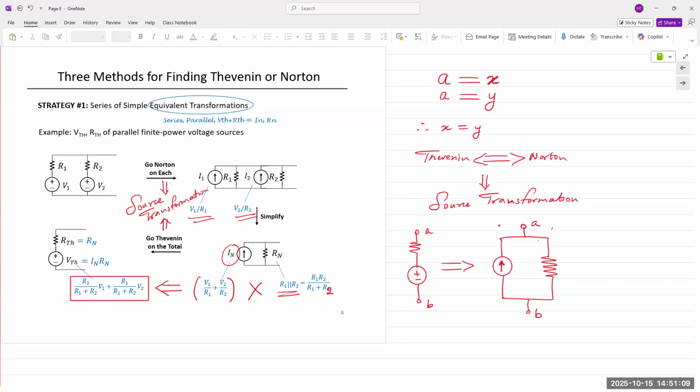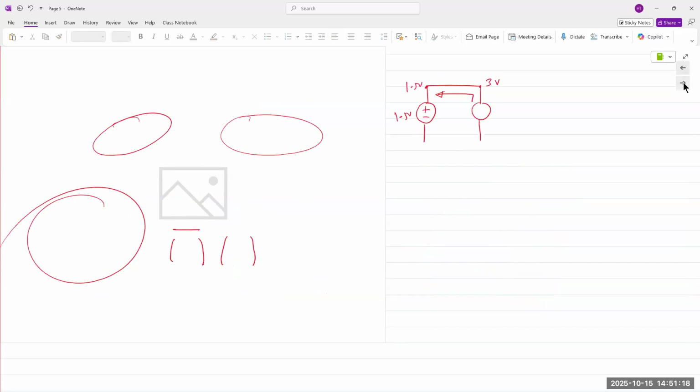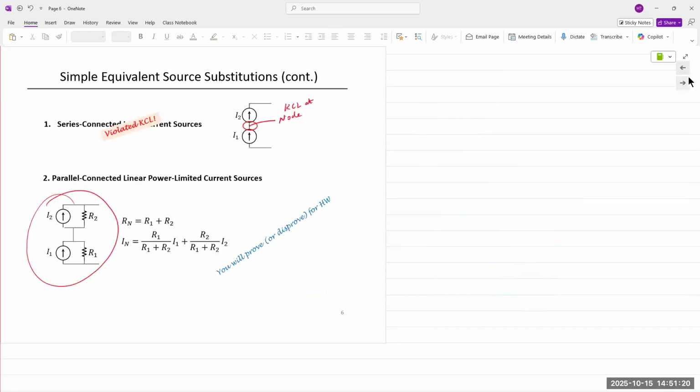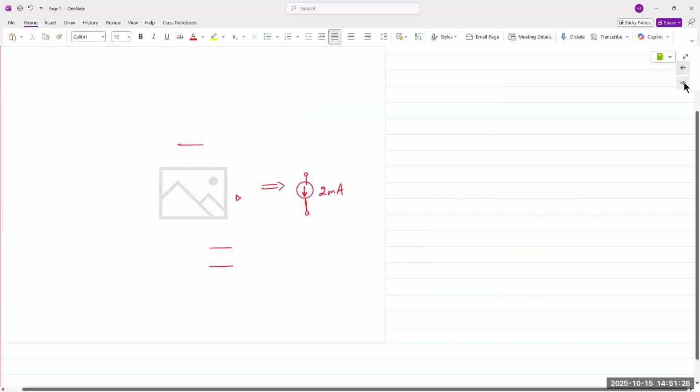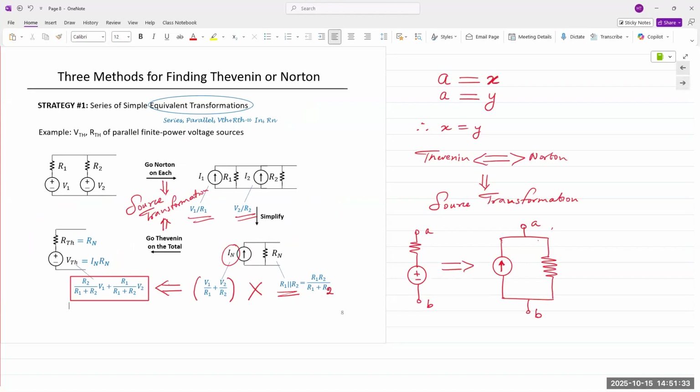So you can do something similar for current sources and derive an expression. Okay. Answer is already given to you. You should be able to apply the same principles. All right, any questions?